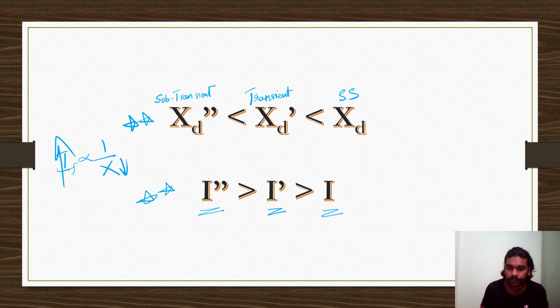So you just go back to the oscillogram. In the oscillogram you will find the current magnitude is decaying like this, right?